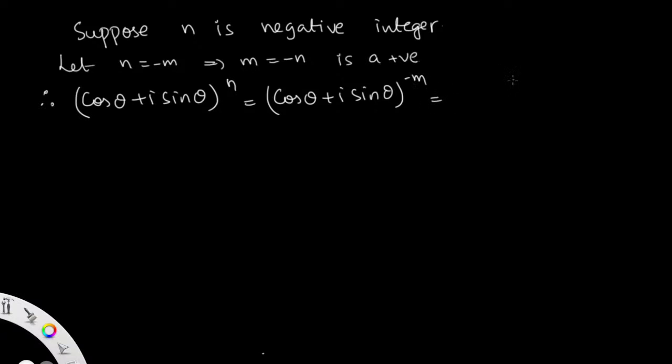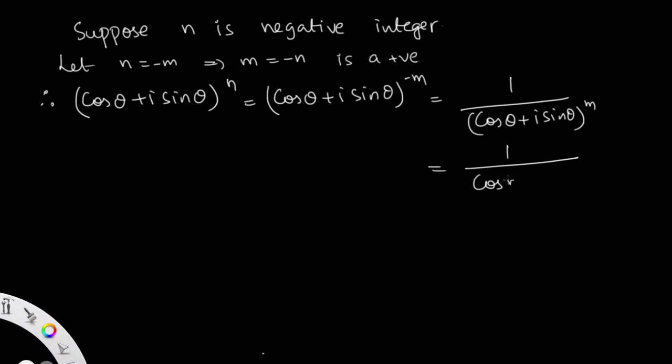That is 1 by (cos theta plus i sin theta) whole to the power of m, which is nothing but 1 by (cos m theta plus i sin m theta). We just proved this as per the method, but I am writing the simplified form: 1 by (cos m theta plus i sin m theta) becomes cos m theta minus i sin m theta. Rationalizing, you get this.